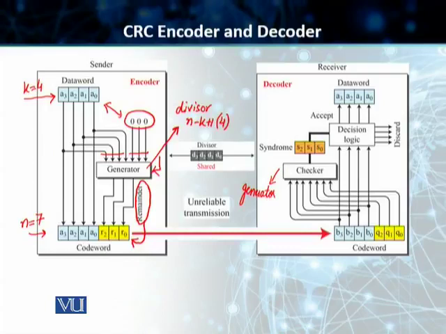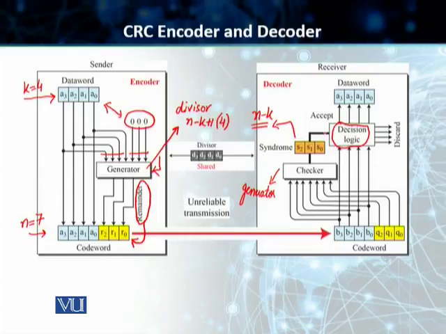And as was the case with the linear block code, this creates a syndrome. The result that comes out of the checker is a syndrome of n minus k bits. As you can see, we have 3 bits out here, which is n minus k bits. Students, this is fed into the decision logic.